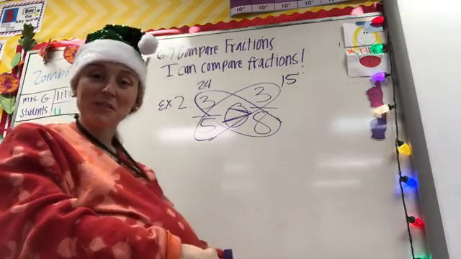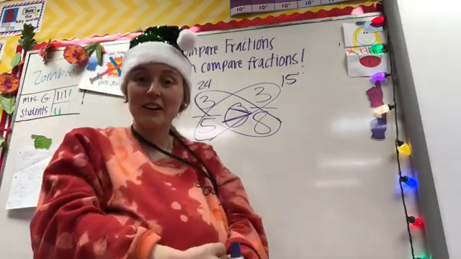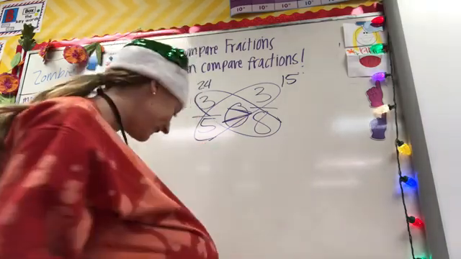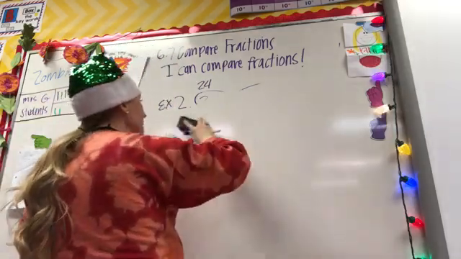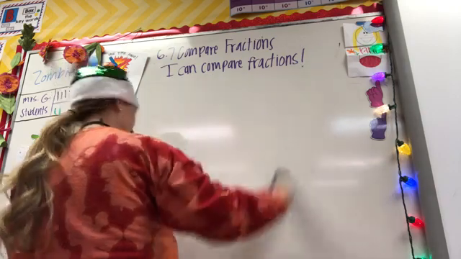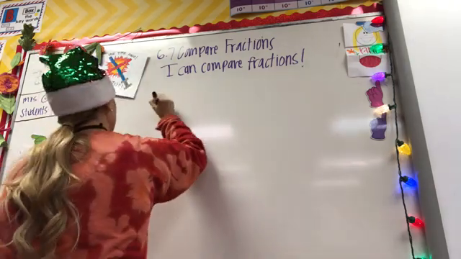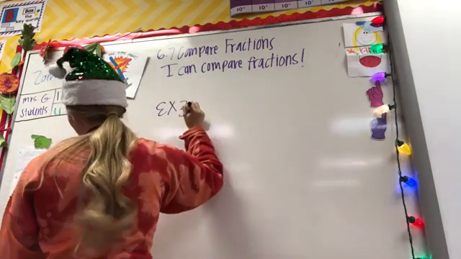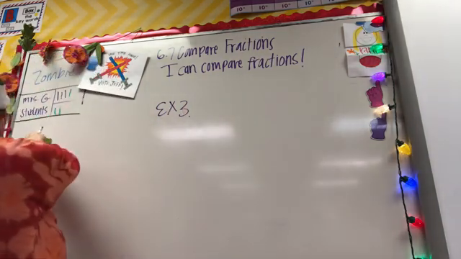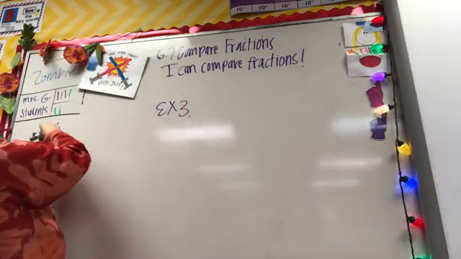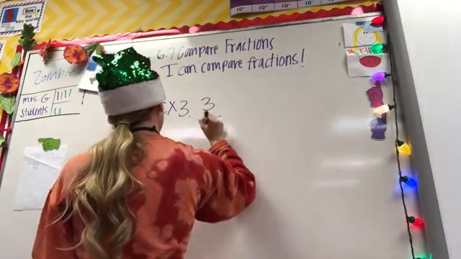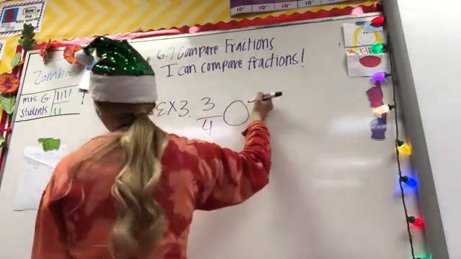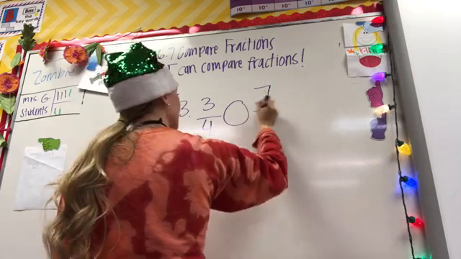Okay, we're gonna try one more and then we're gonna go to our pause problems. Isn't that crazy? So, this method will save you time and it always works. Example number 3. Let me flip my page. 3/4 compared to 7/8.